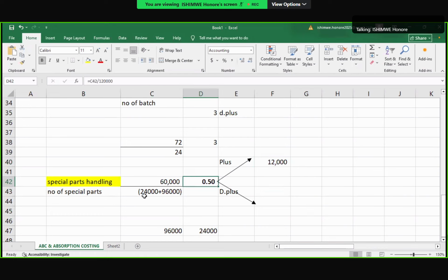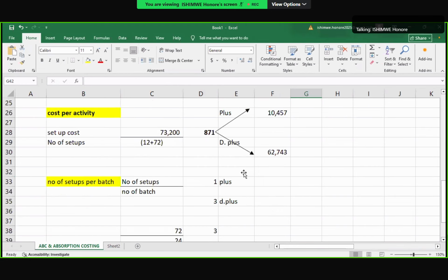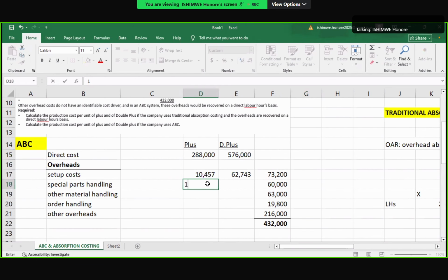It is this 0.5 times this 24, and this 0.5 times this 96. That is how it works. Add them two, it gives you 60 again. So we come and put here, we get 20 and 40, 12 and 48. Here it is 12,000, and here it is 48.